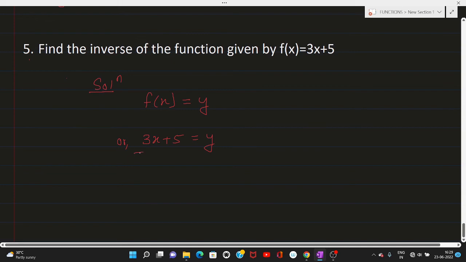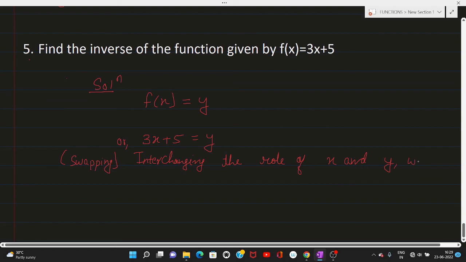So we write here interchanging the role of x and y. You can write swapping as well, swapping x and y, or you can write interchanging the role of x and y.